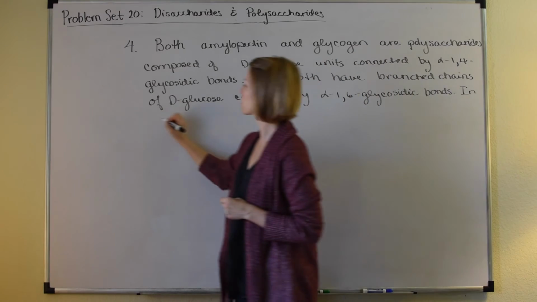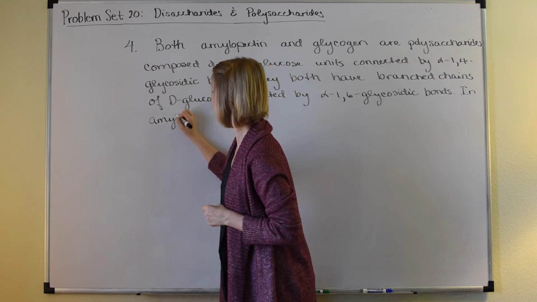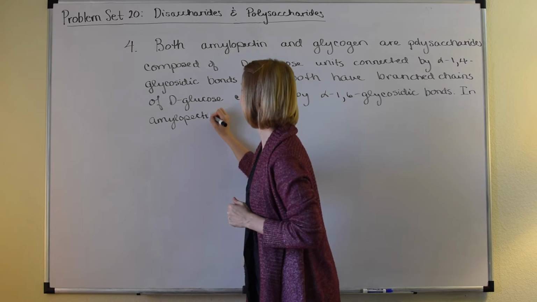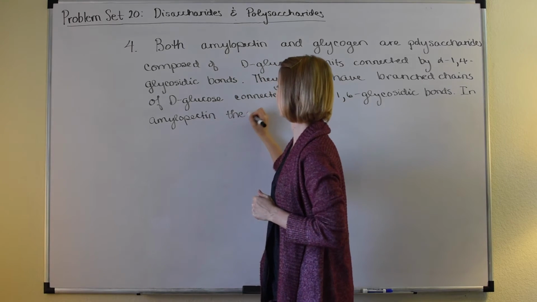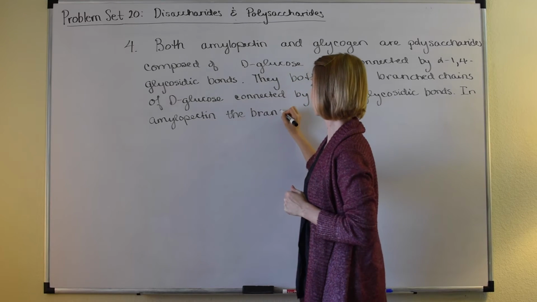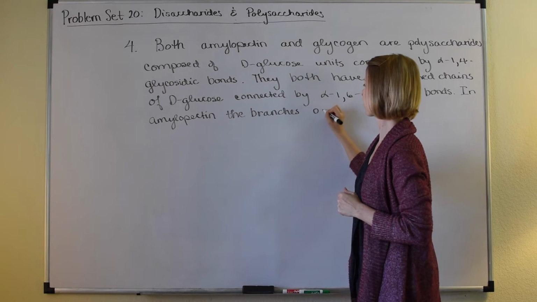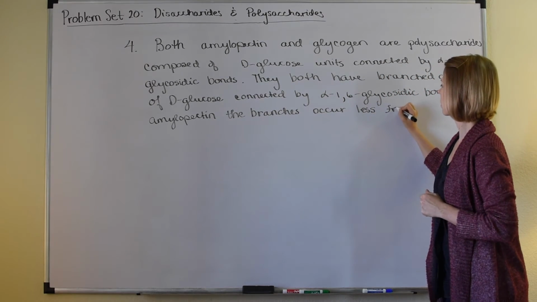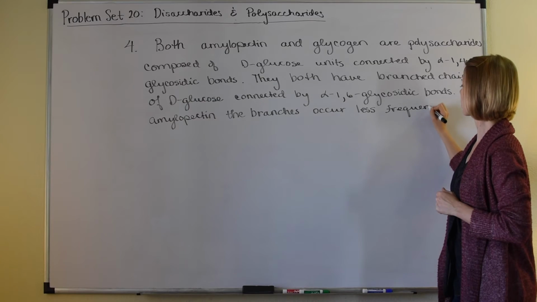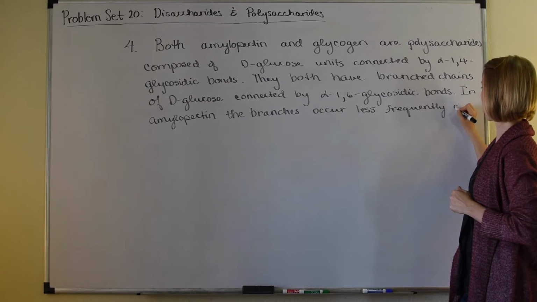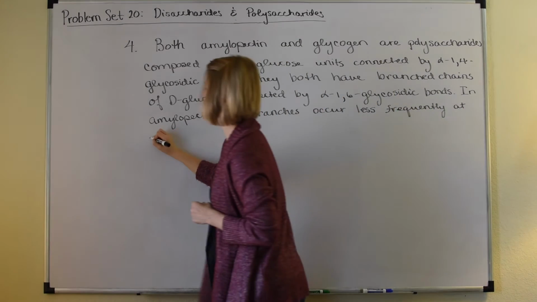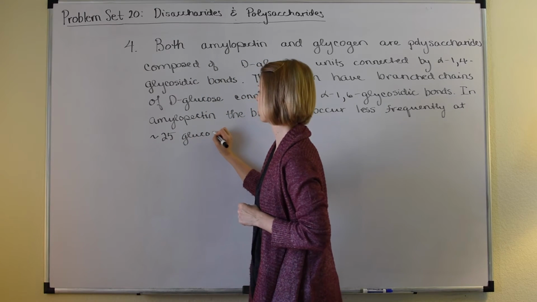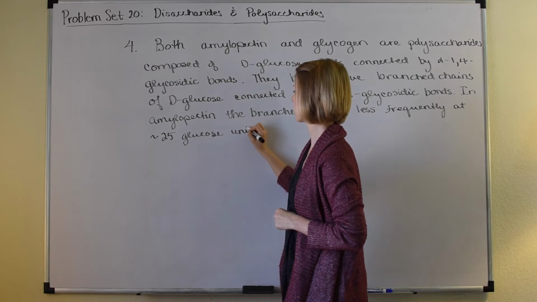In amylopectin, the branches occur less frequently, at approximately every 25 glucose units.